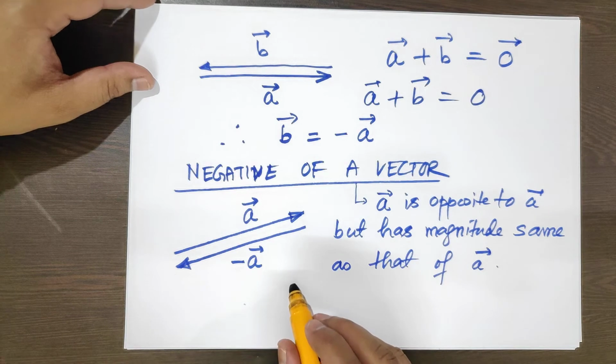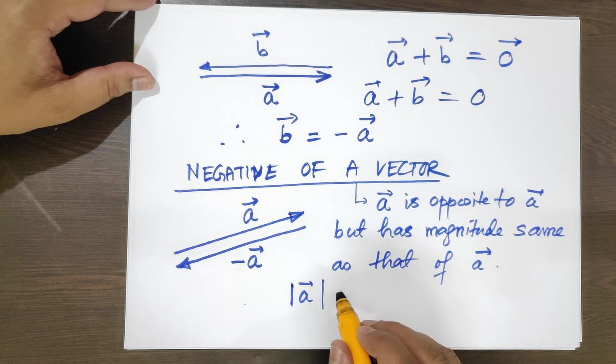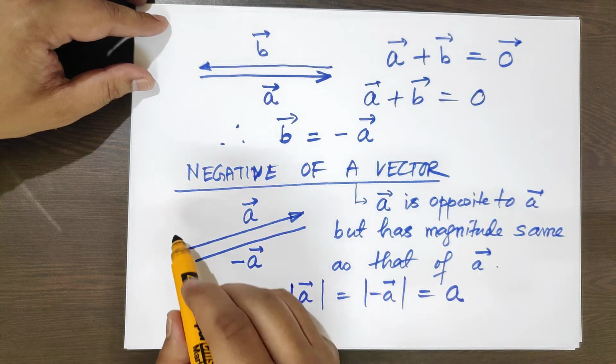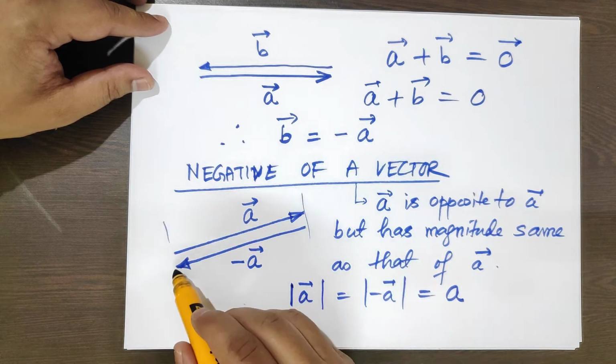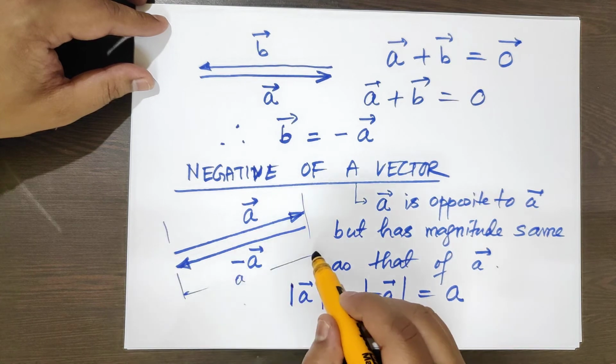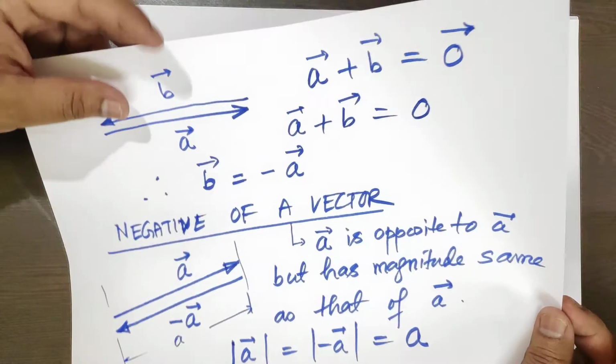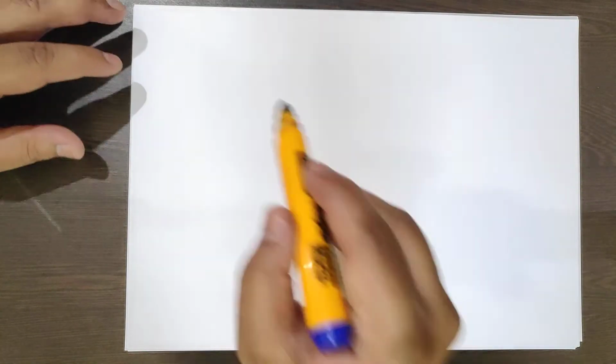So mod of A is equal to mod of minus A is equal to A. The length itself is simply A, right? So its direction is opposite.